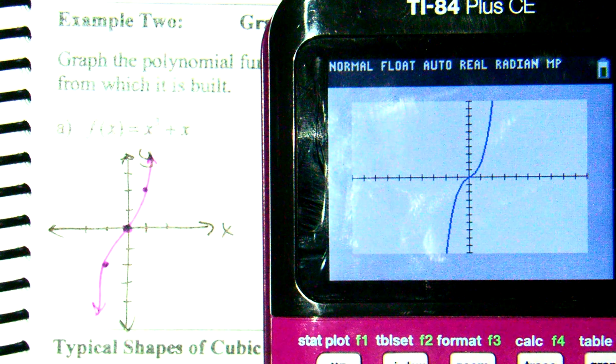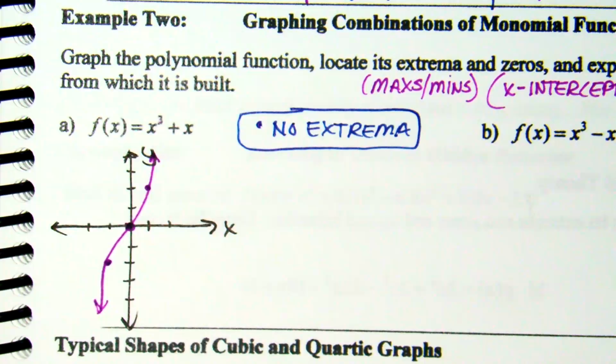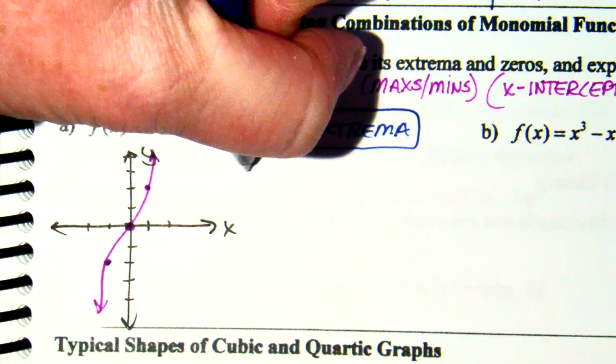After you've written down that there's no extrema, the next thing to think about is that they ask us for zeros. So what am I asking when I'm asking about zeros? Yeah, x-intercepts. Where do we cross the x-axis?